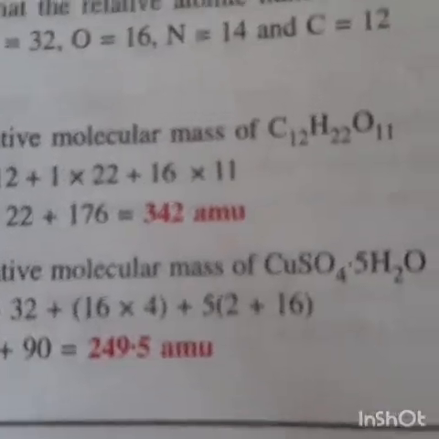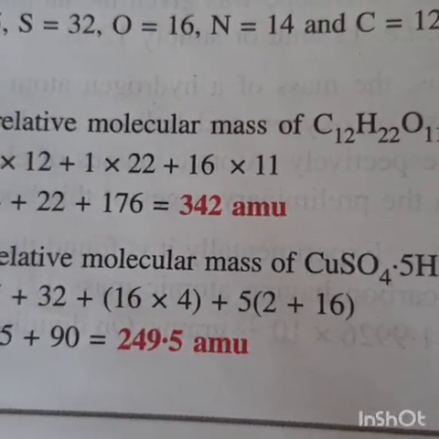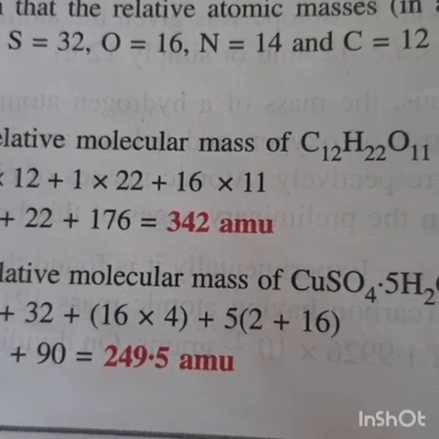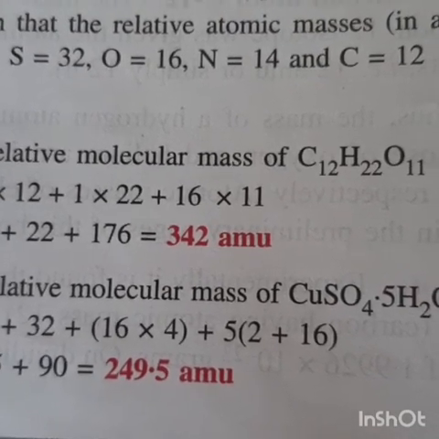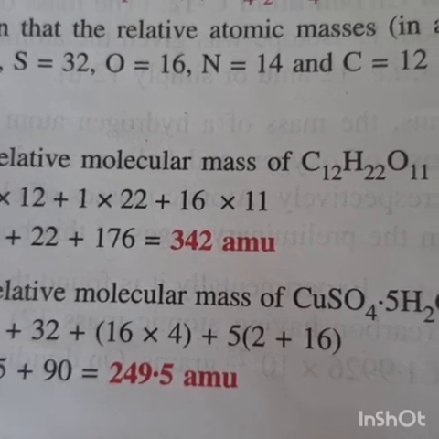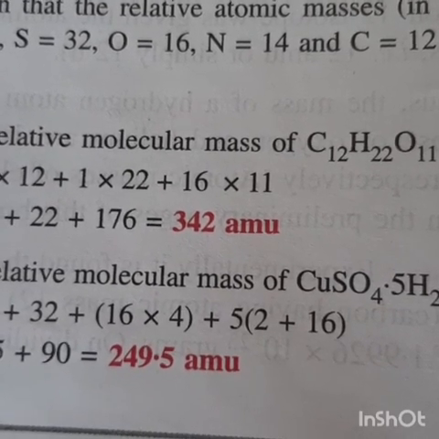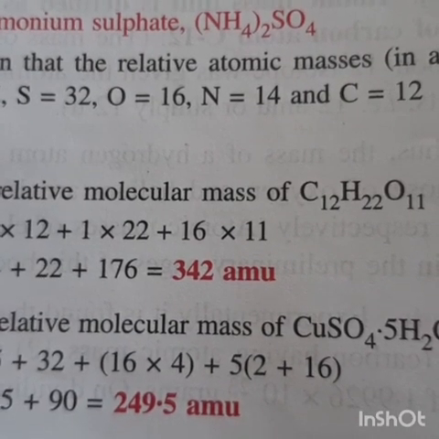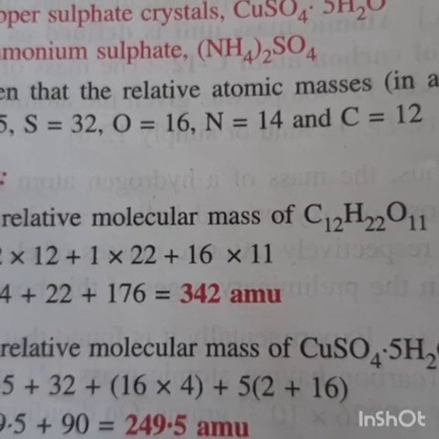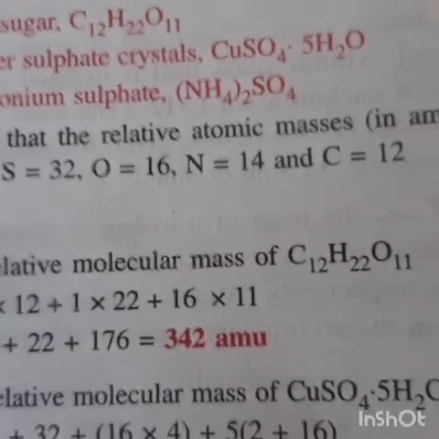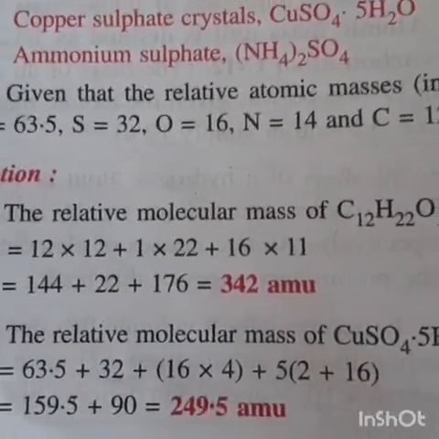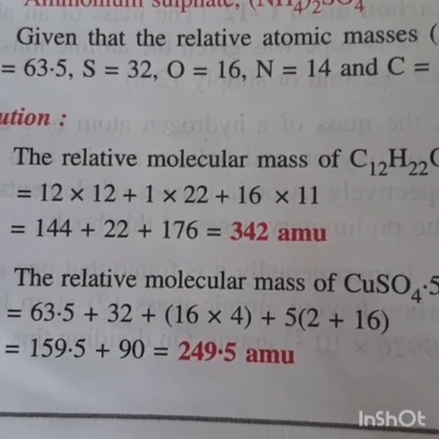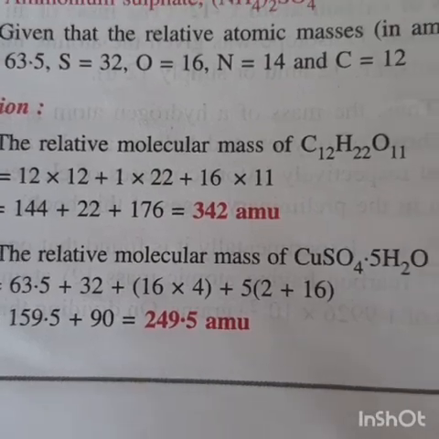Relative molecular mass of C12H22O11 is 12 into 12, because 12 atoms are there, plus 1 into 22, plus 16 into 11, because oxygen has 16 and there are 11 atoms. If I add all of these after multiplication, I get 342 AMU.